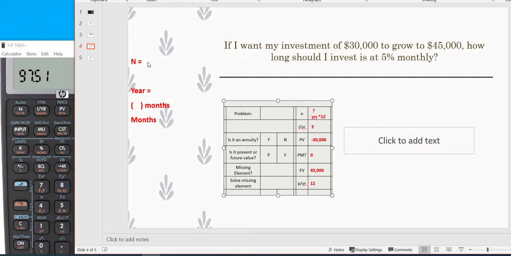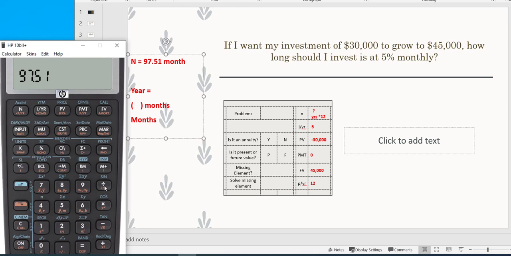And so my N was 97.51. That's how many months it is invested. So now I need to take that number and divide by 12.